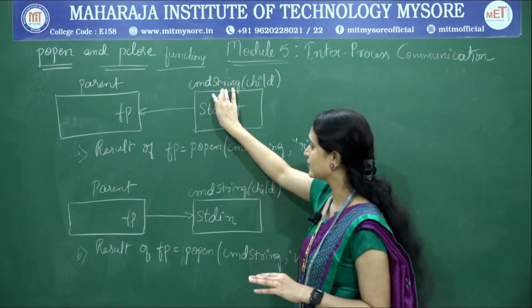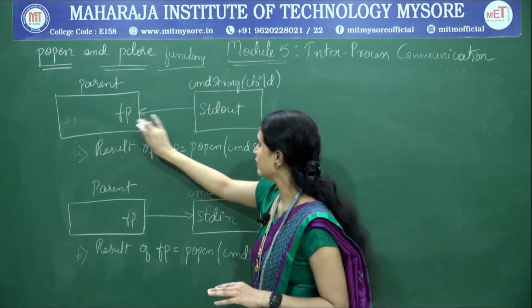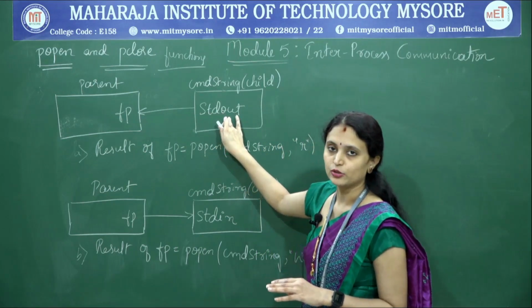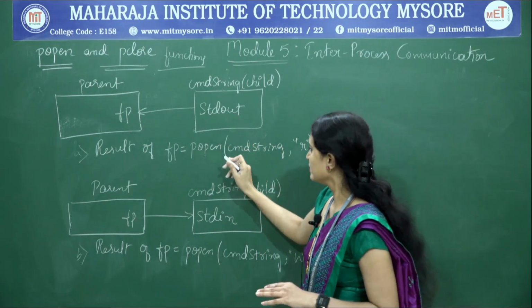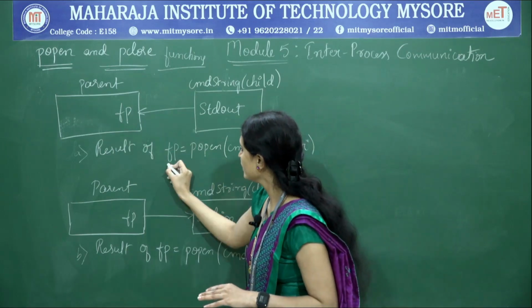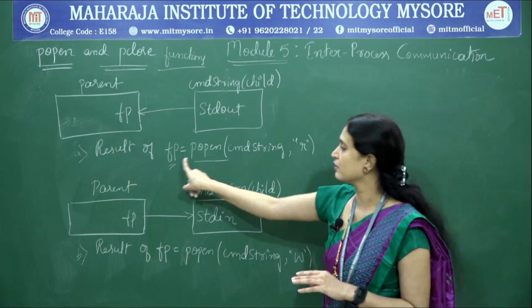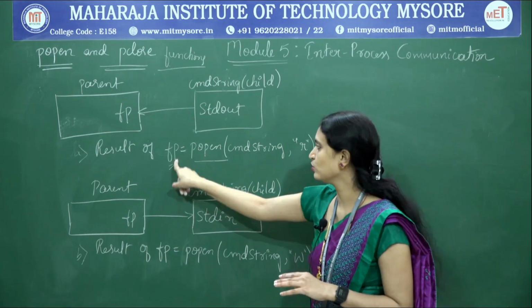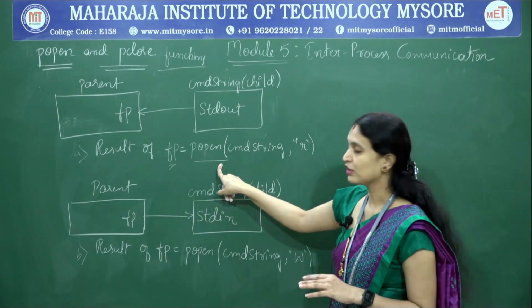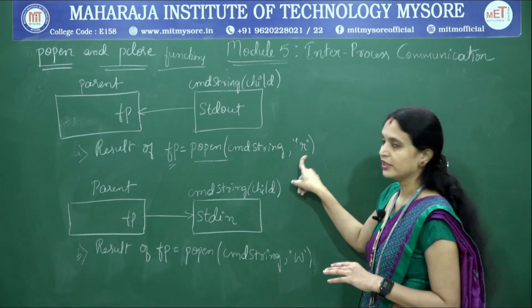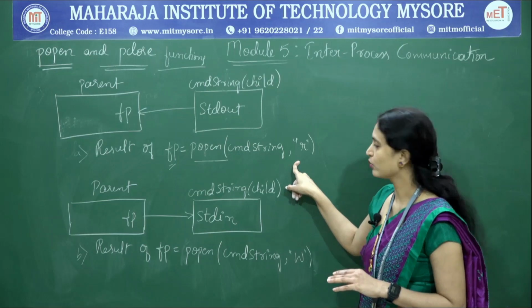If this has to be executed, then the file pointer will be connected to the standard output, so this will be connected to stdout. This is the result of fp equals popen. As I told you, popen returns the file pointer, that's why we are assigning it to the file pointer. So fp equals popen, command string comma R, that means the type.